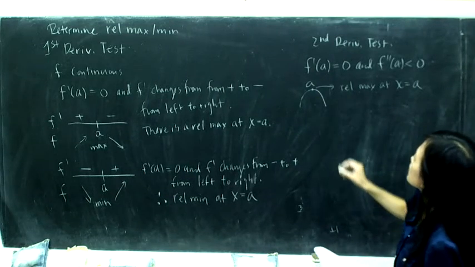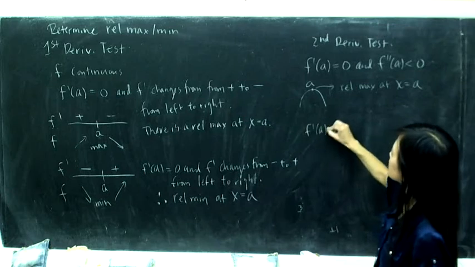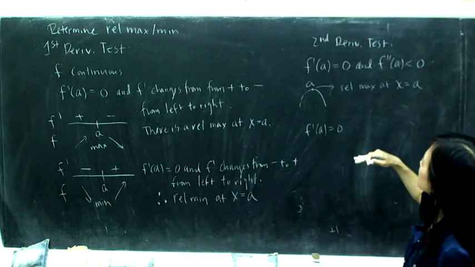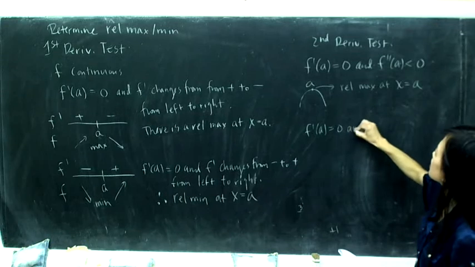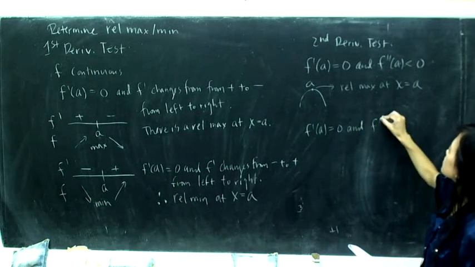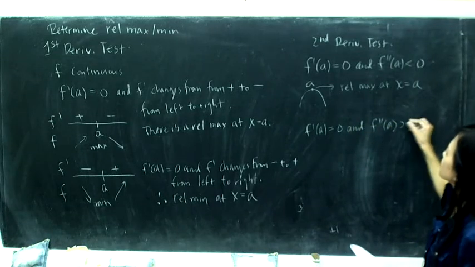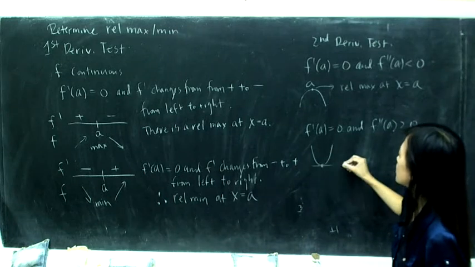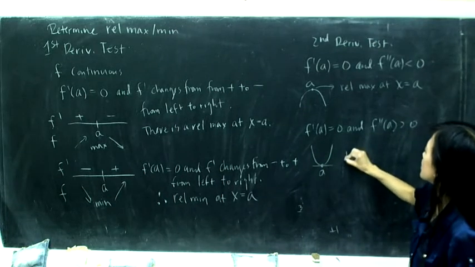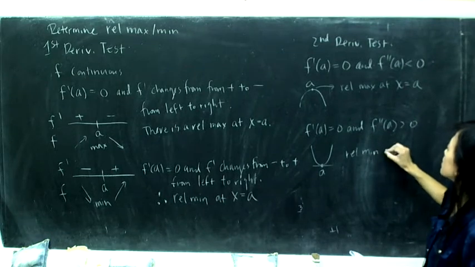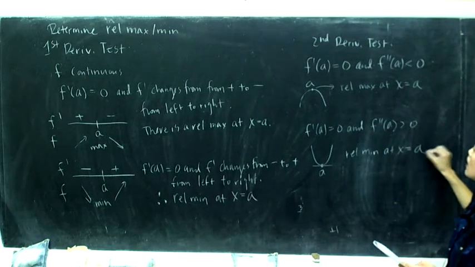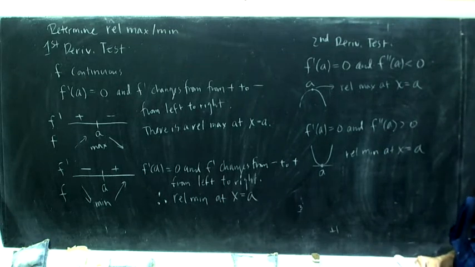And then the other one, if f first derivative is 0, so it's definitely a horizontal tangent, and f second derivative is greater than 0, then it's this way, right? Then a relative minimum is located at x equals a. That's it. That's the second derivative test.